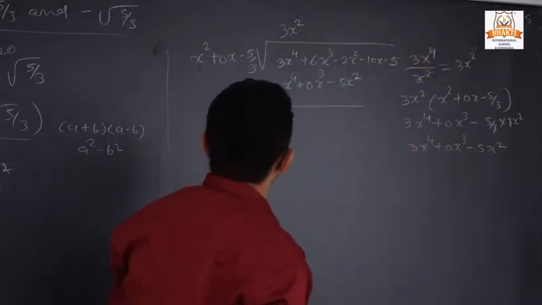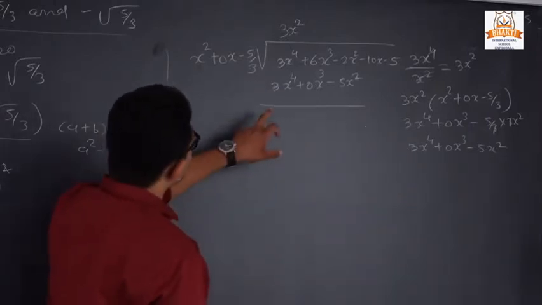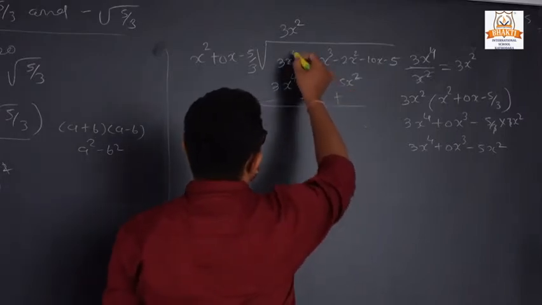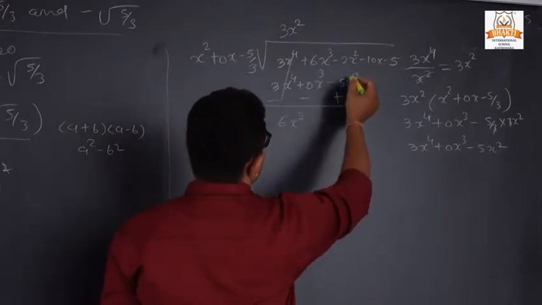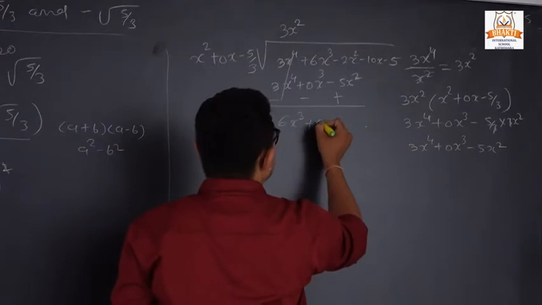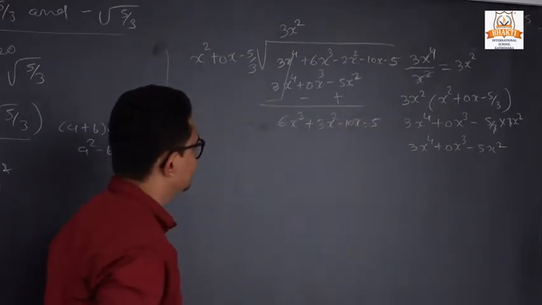So it is in sequence. Now we change the sign, so these both cancel. So it is −6x³, then minus 5 minus 2 gives 3x², then −10x and −5.